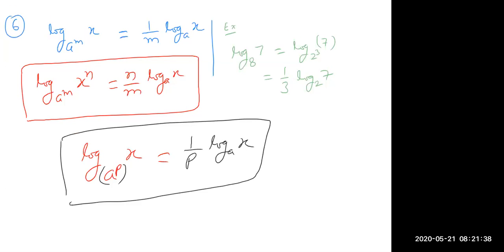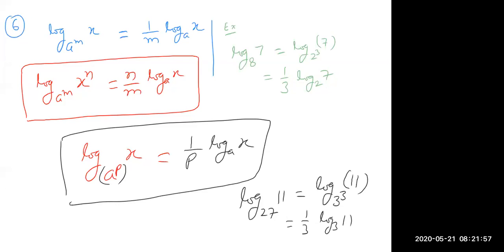So one example I have given here like this, log 27 here 11. So I can write this as log 27 is 3 raised to power 3, 11. So this will become 1 upon 3 log 3 11. Because whatever is the power becomes 1 upon p.